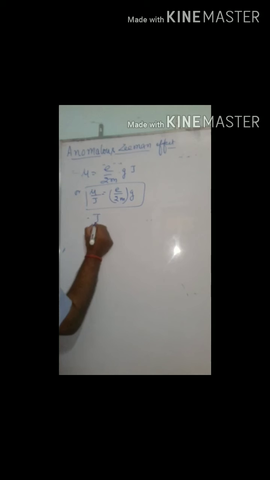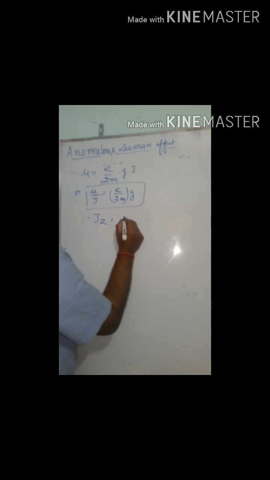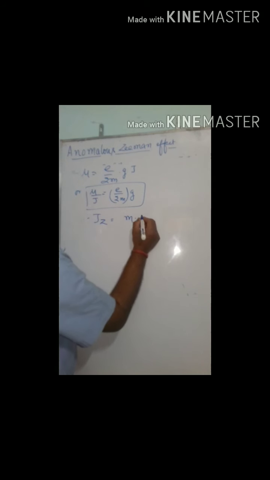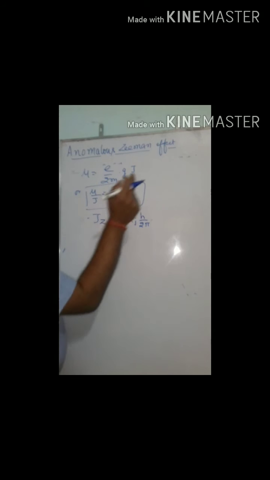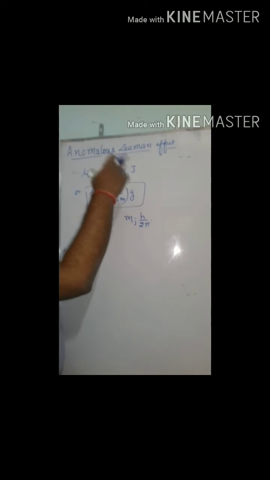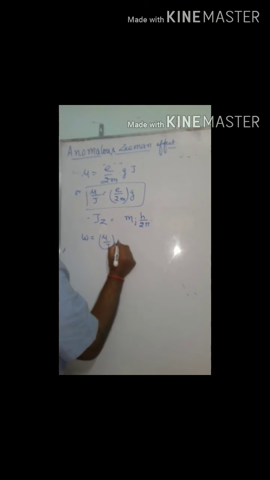So if Jz be the component of total angular momentum along the field direction, then Jz can be written as equal to mj into h upon 2 pi, right? And the angular frequency with which, that is the normal frequency with which this J precesses about the field direction, is given as omega, which comes out to be mu upon J into B, into Jz, right?